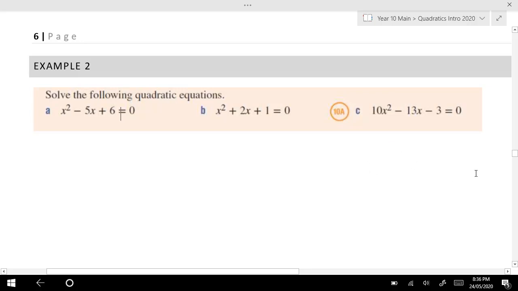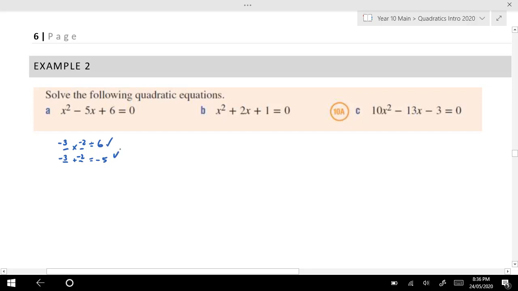All right, so I need two numbers which multiply to give 6, and they add to give minus 5. So we've got minus 3 times minus 2 is positive 6, and minus 3 plus minus 2 is minus 5.